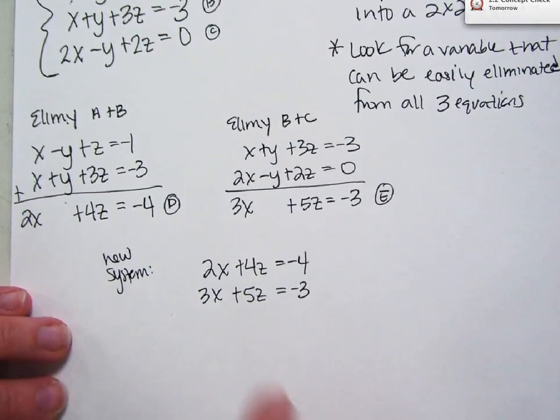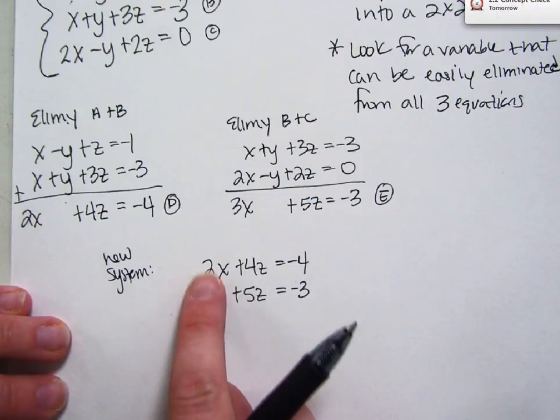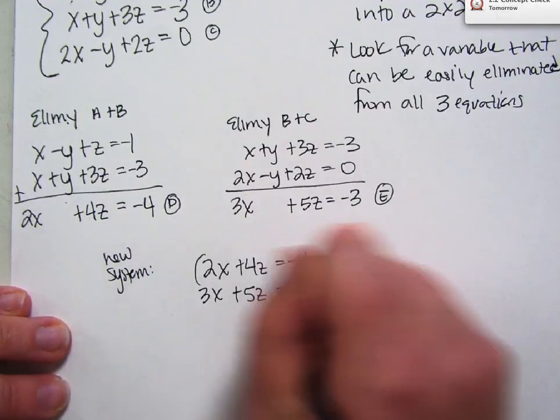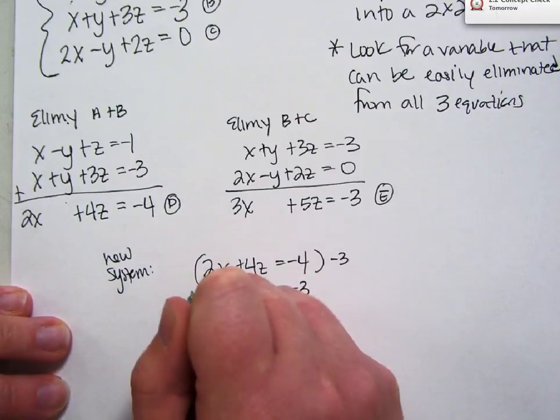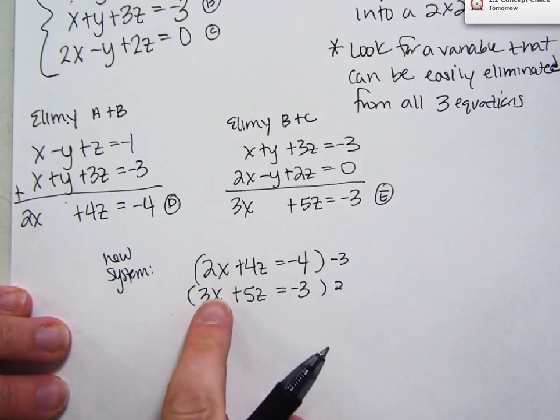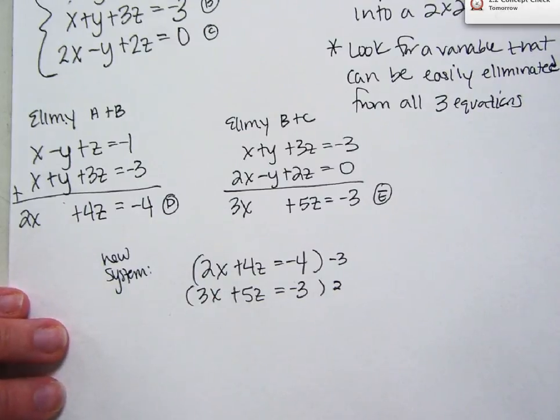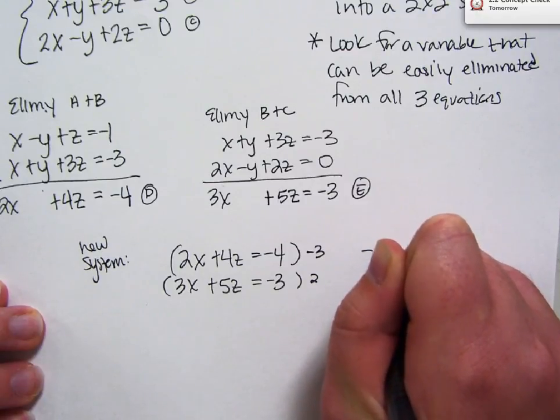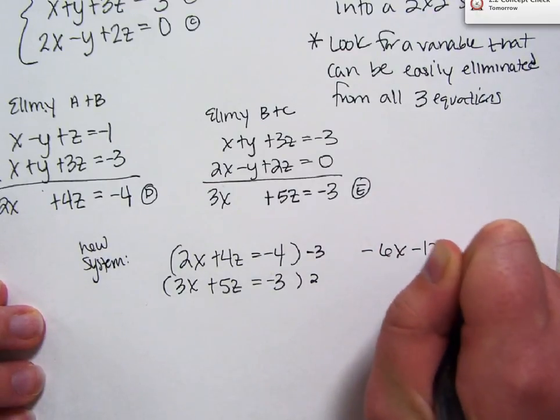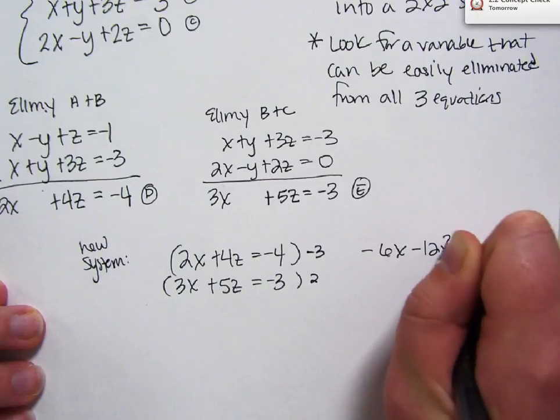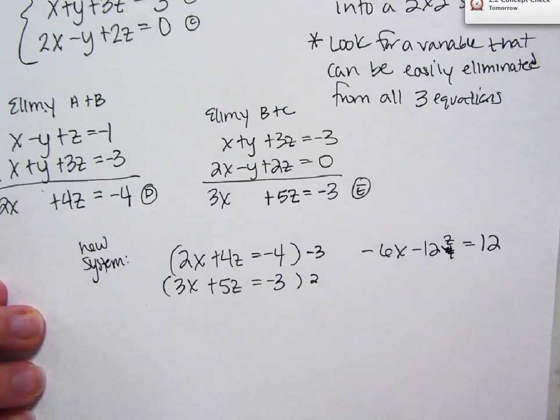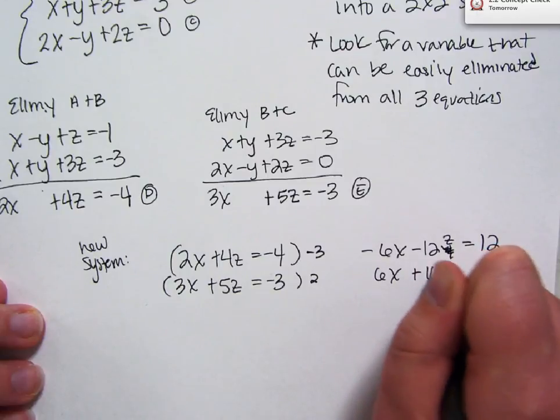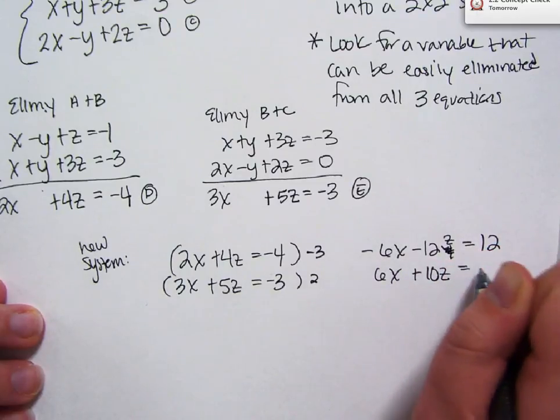I'm going to use elimination, and I'm going to try to eliminate the x's. So I'm going to have to multiply the first equation by negative 3 and the second equation by 2. By doing so, I'll get opposite sign coefficients on x that will cancel. So we get negative 6x minus 12z equals a positive 12, and then 6x plus 10z equals negative 6.